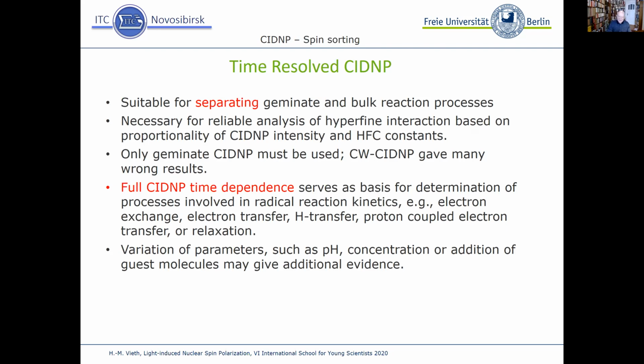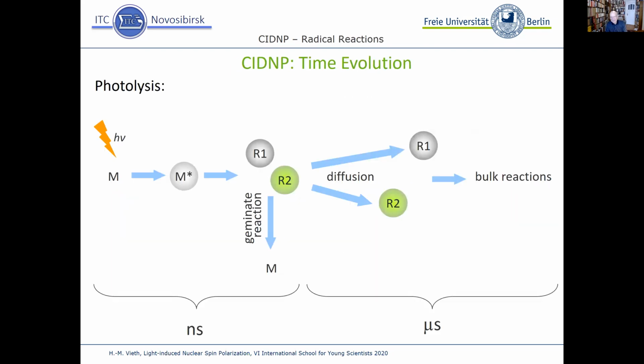And this can, of course, be affected by external parameters such as the pH of the reaction system, or addition of gas molecules, which may be used as parallel quenchers, for example.